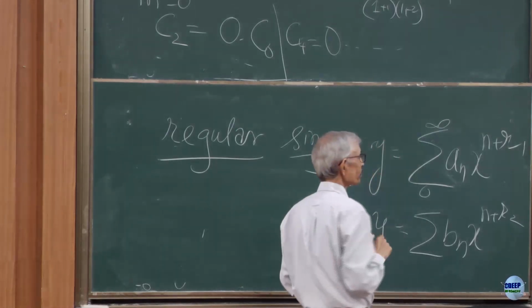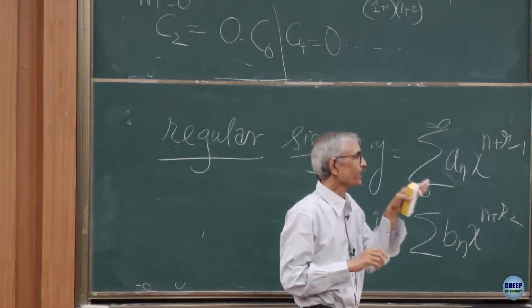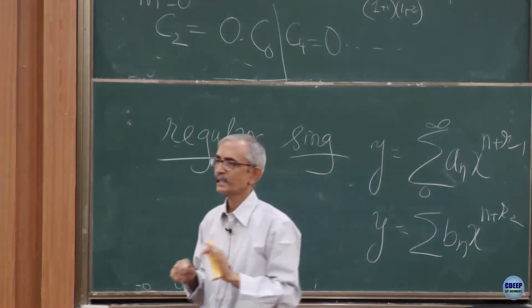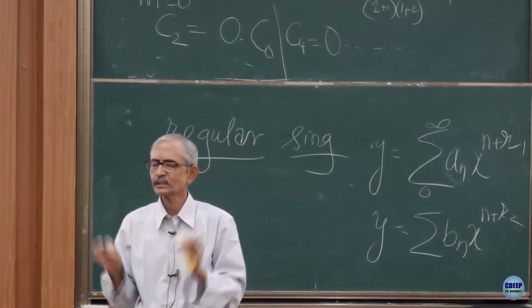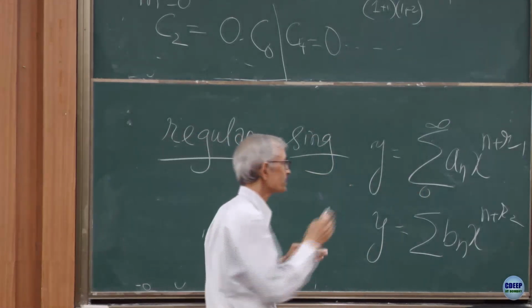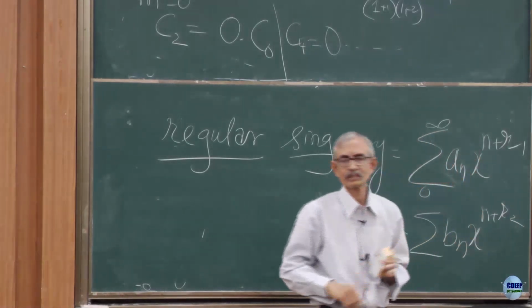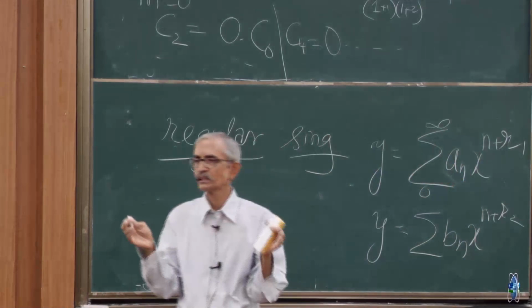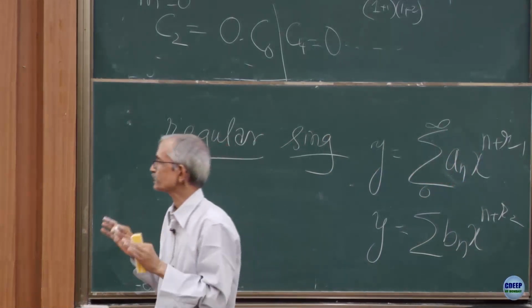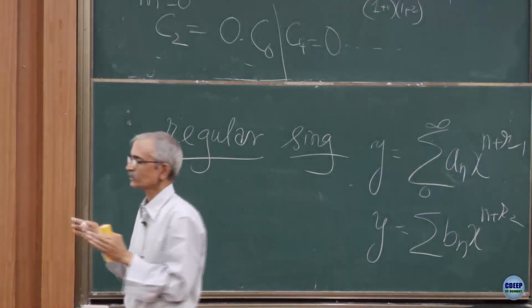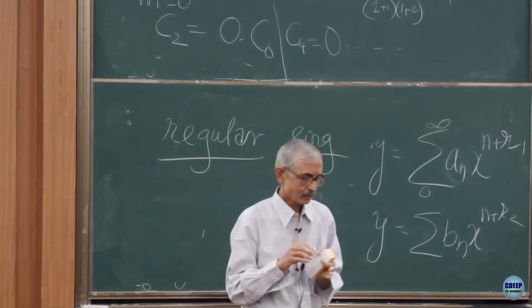Another important point is that a0 and b0 are non-zero. a0 cannot be equal to 0. Just keep this in the back of your mind. Once we take an example and move ahead, we will see why this should be the case.